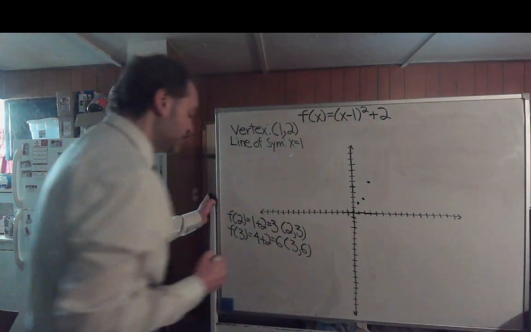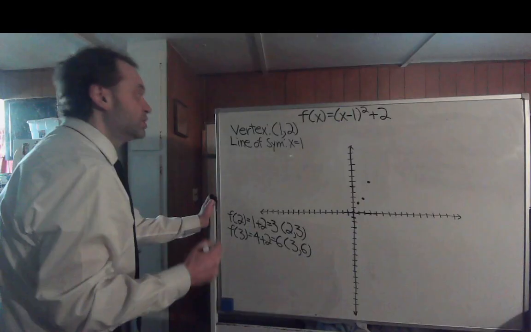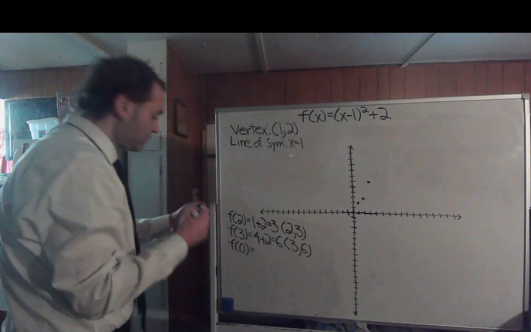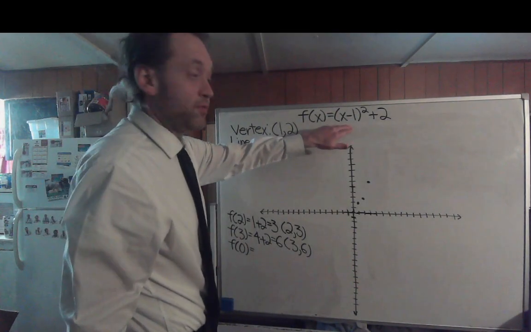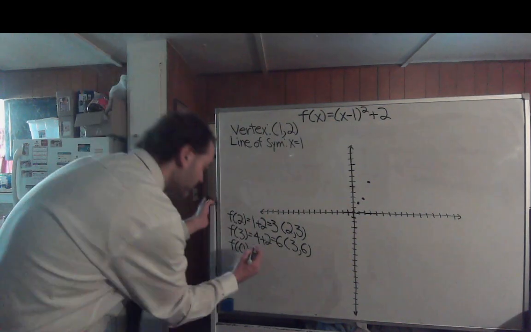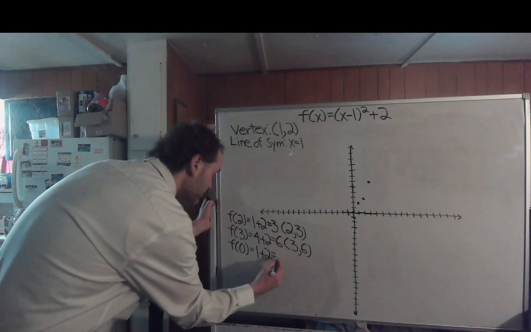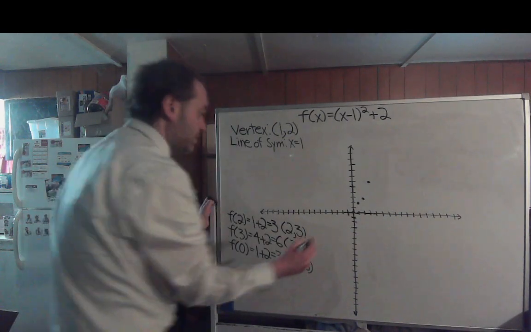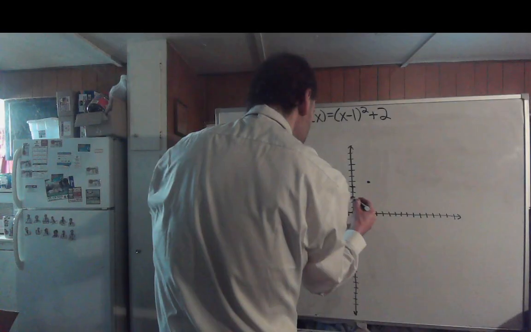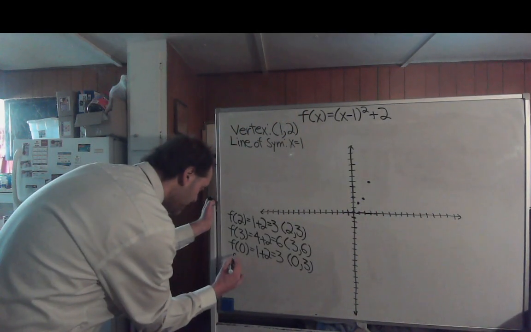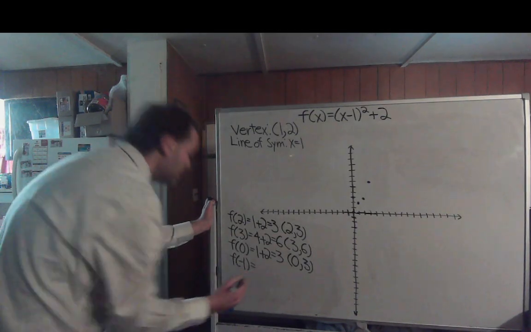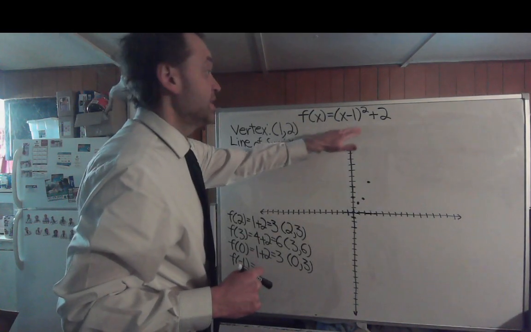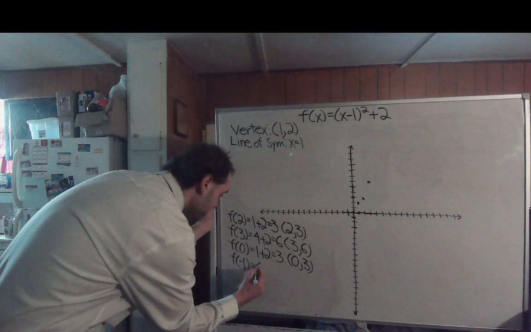So there's (3, 6). Now let's put in f of 0. We're going to go to the left of the line of symmetry. So 0 minus 1 is negative 1, raised to the second power is positive 1, then plus 2 would give you 3. So you'll end up getting the point (0, 3). And then for good measure, let's put in f of negative 1. So let's see, negative 1 minus 1 is negative 2. If you raise that to the second power, you actually get positive 4.